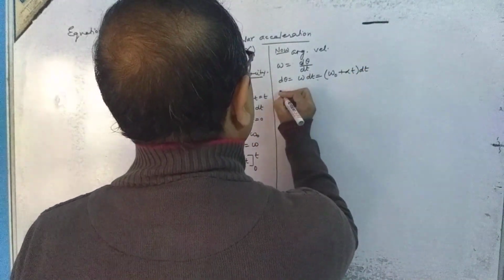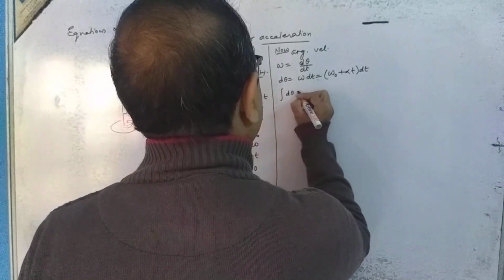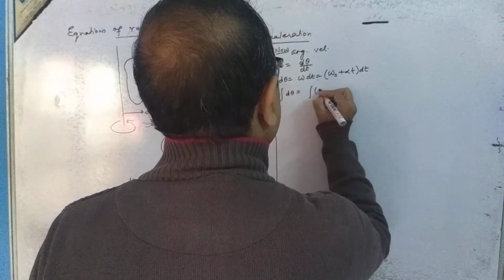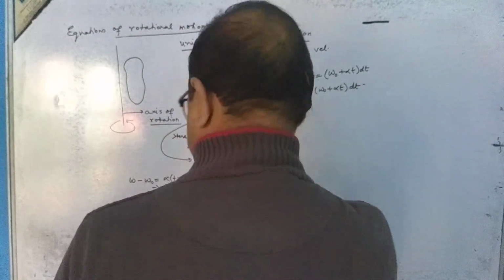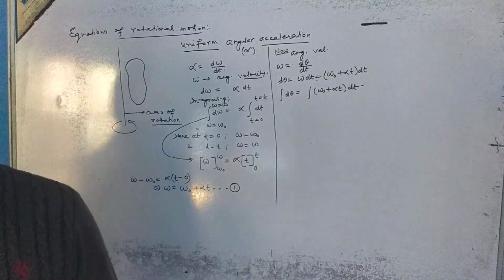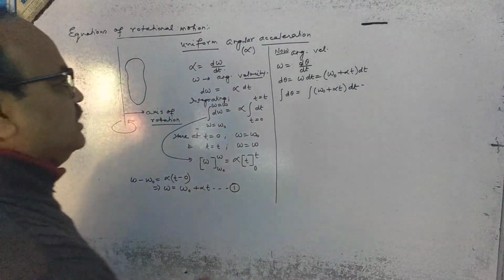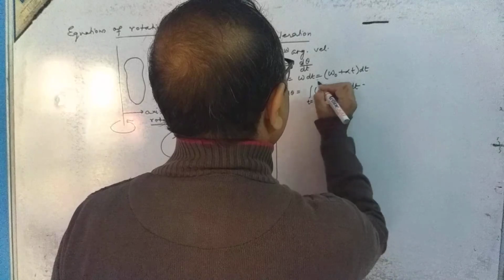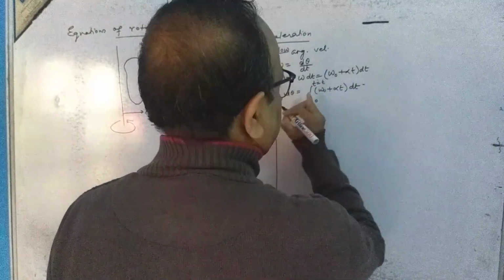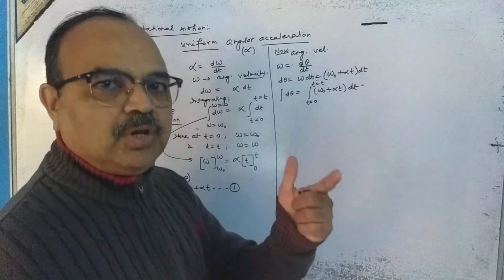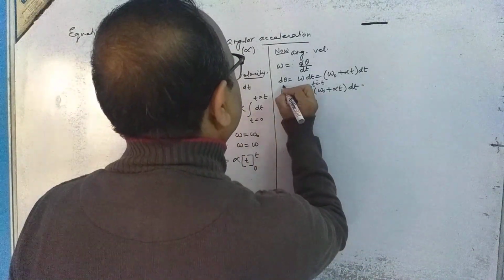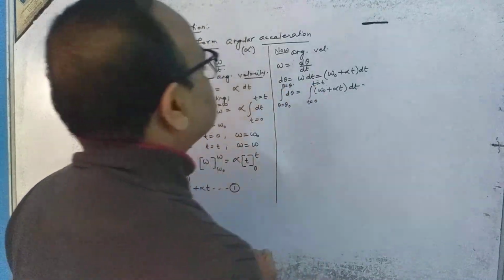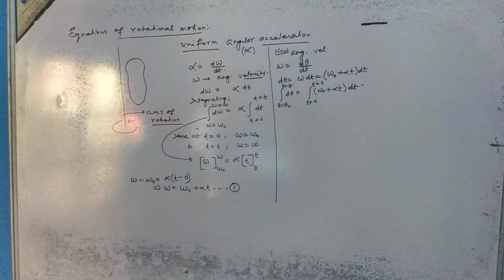Then the integration of d theta is equal to the integration of omega naught plus alpha t into dt. Definitely t goes from 0 to t, because t is the variable over which the integration is taking place, and theta goes from theta naught to theta.